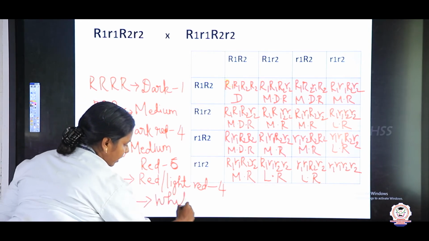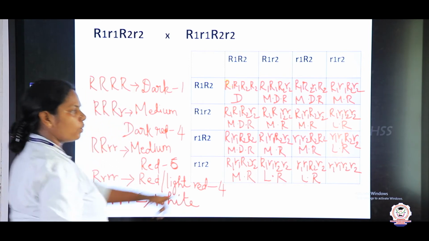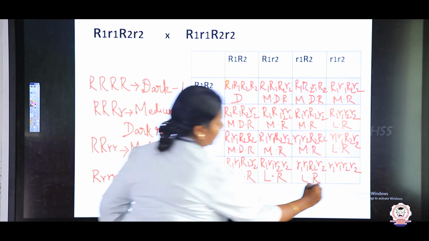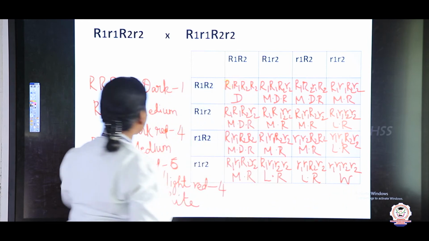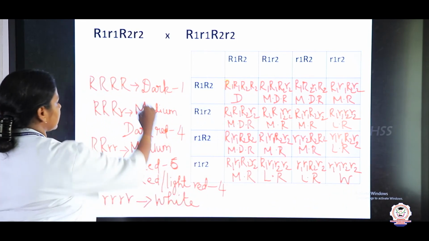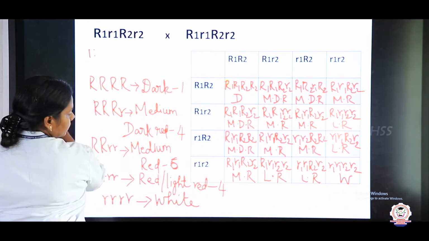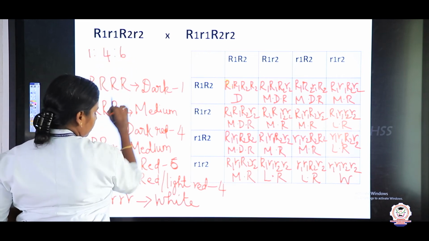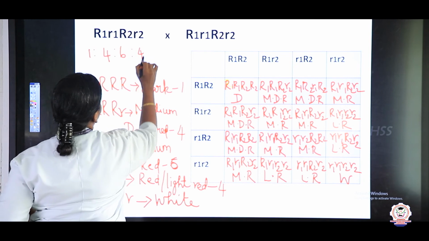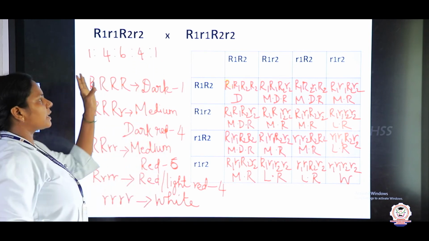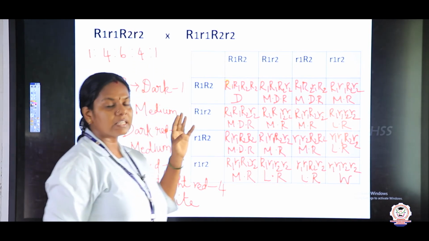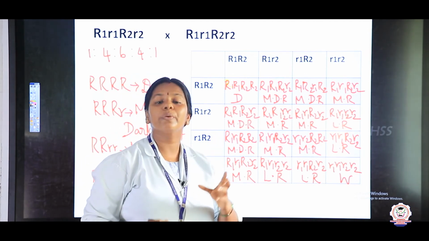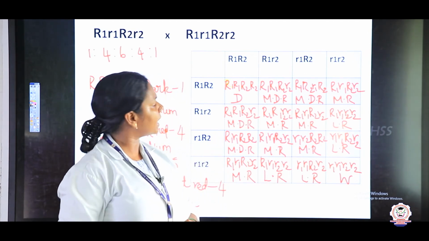The color of the wheat kernel is white. So only 1 is white, right? So this is the ratio, that is 1 is to 4 is to 6 is to 4 is to 1. So this is the ratio when we cross the dark red kernel with the white kernel.